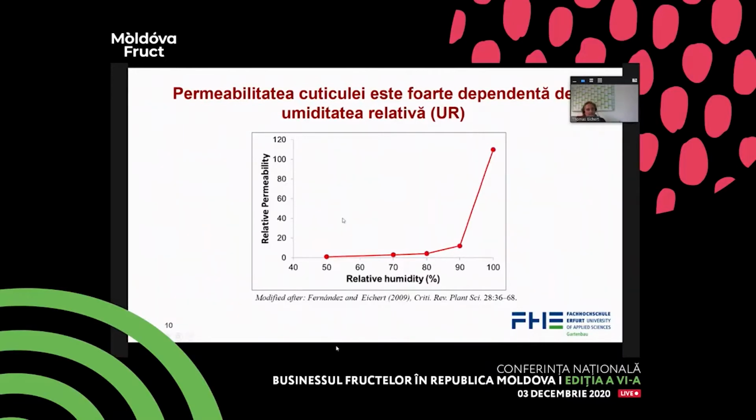What was found by analyzing a range of studies is that below, let's say, 80% relative humidity, the permeability is very low, and it only increases if air is moist, if humidity approaches saturation. If we have 100% humidity, for example, only then can we have high permeability. So how does it come?